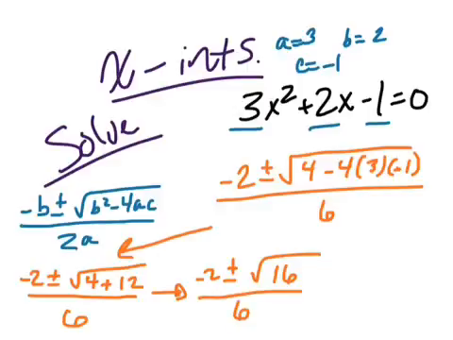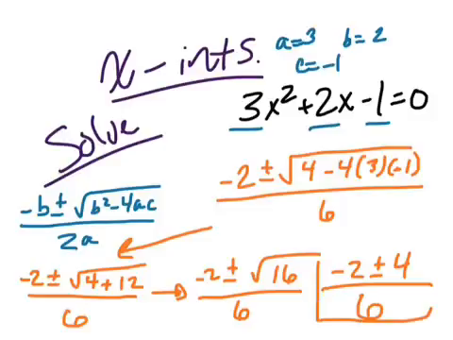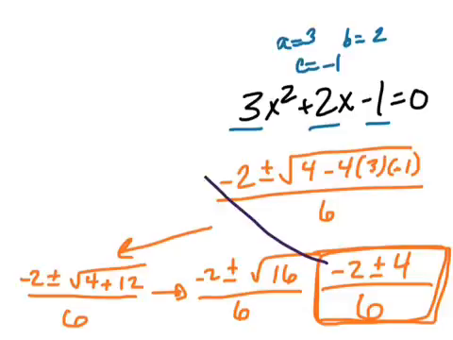Alright, let's keep working here. Negative 2 plus or minus the square root of 16, that's a perfect square. So 4 over 6. Now we're going to simplify this one step further using the plus and minus so that we can get the two different solutions. I've just deleted some stuff so that I have some space to work up here.